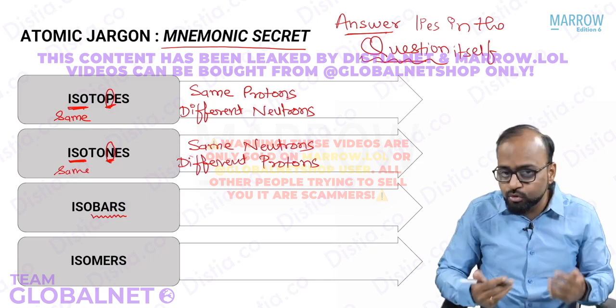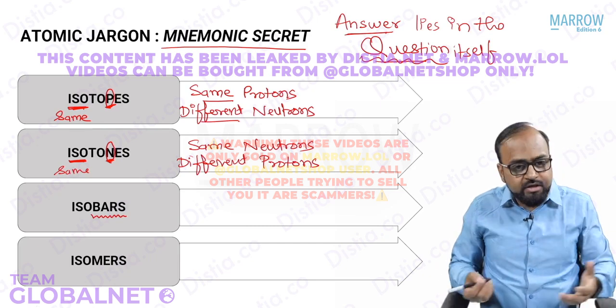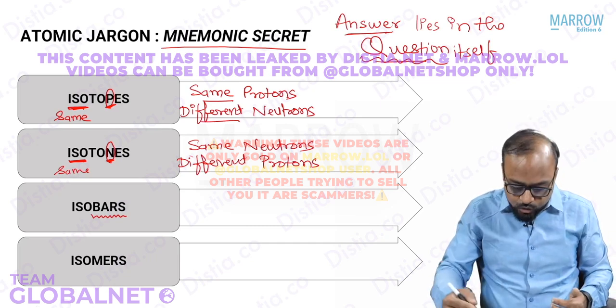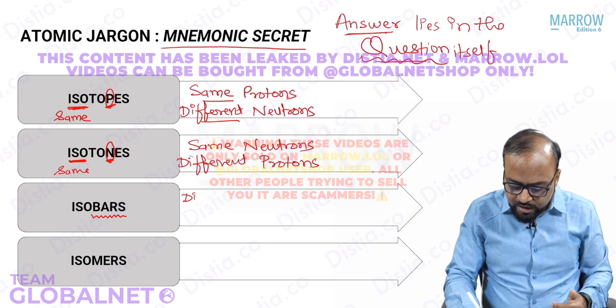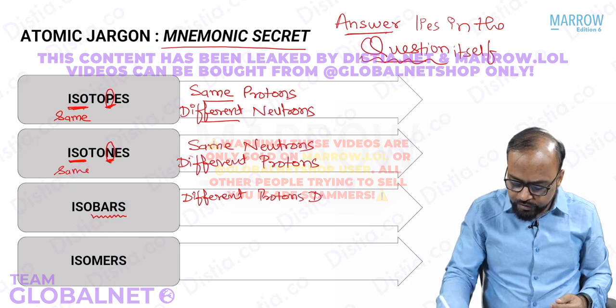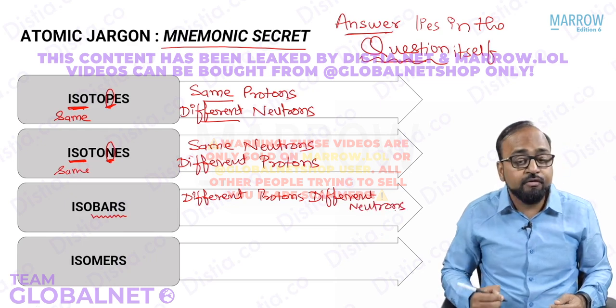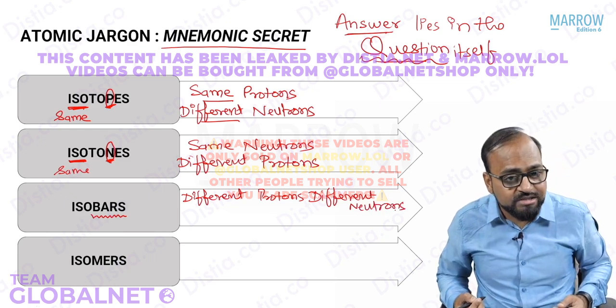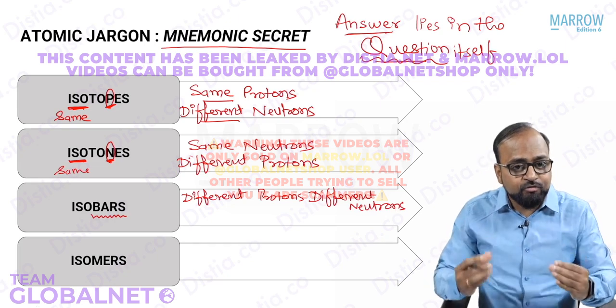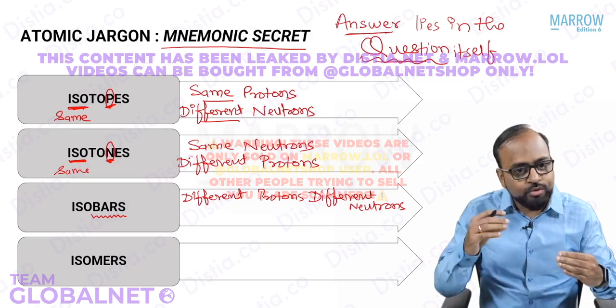What have we seen in isotopes and isotones? We saw that one was same, one was different. Here I am saying they are very different. So isobars have different protons, different neutrons. But I said that they have one particular property in common. What is that? If you add the number of protons and neutrons, protons are located in the nucleus, neutrons are also located in the nucleus.